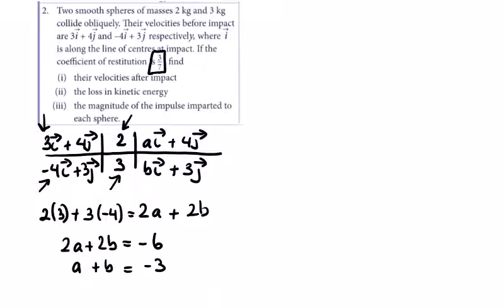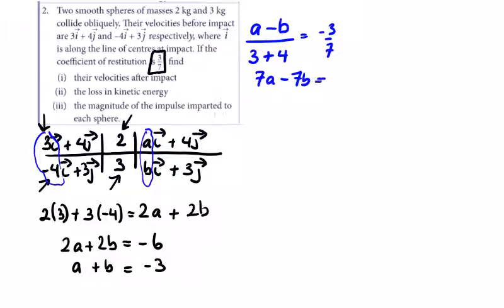If we use Newton's law of restitution, v1 minus v2, we get (A minus B) over (3 minus minus 4), which is 3 plus 4, these two u's, and the two v's, equals minus e, minus 3 over 7. 7A minus 7B equals minus 21. So we're going to have A minus B equals minus 3.